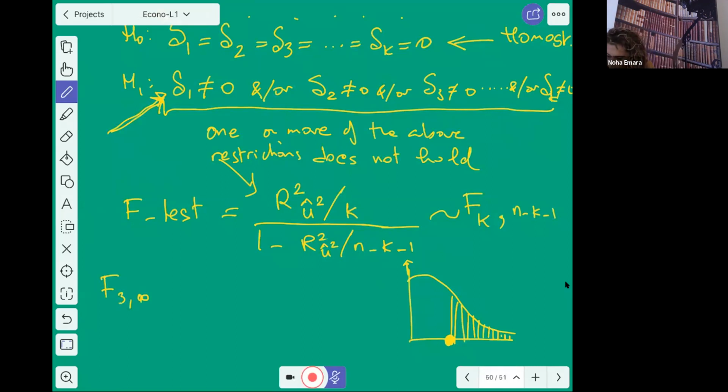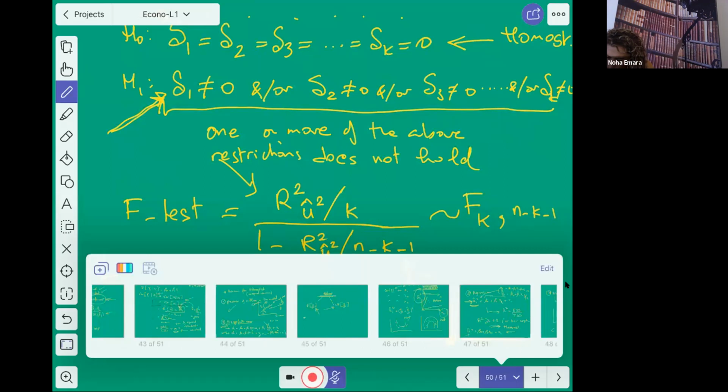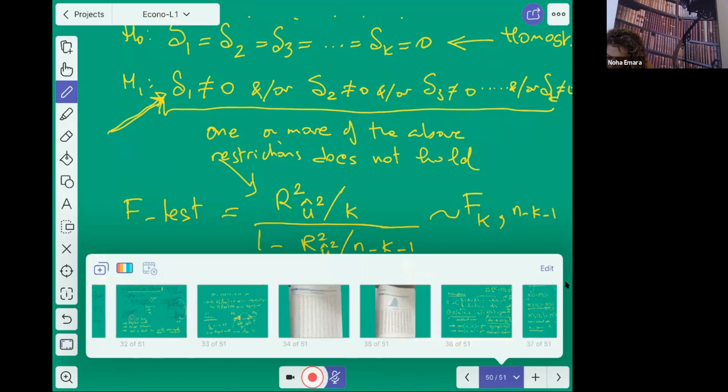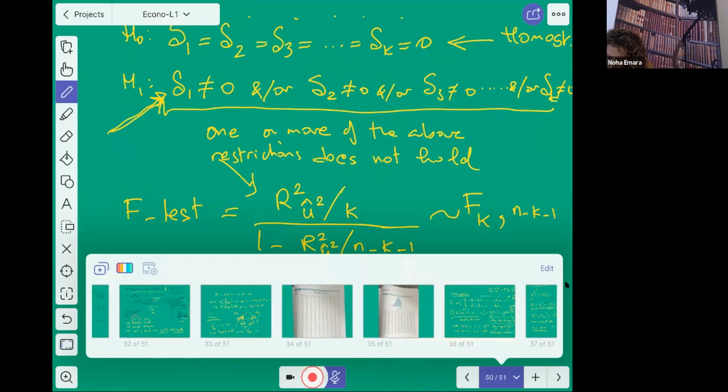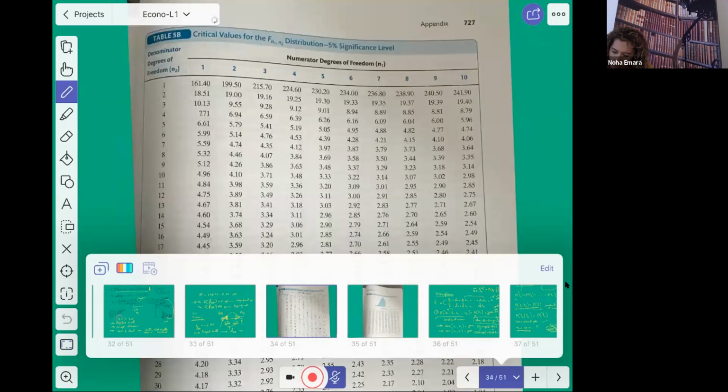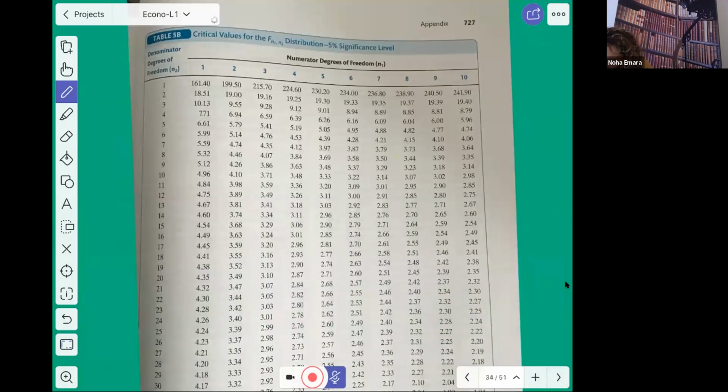So if you go back to the table of the F statistic, I think it was this one? Yes, this is the 5%. Suppose that I have 3 X's. What I need to do is find number 3.